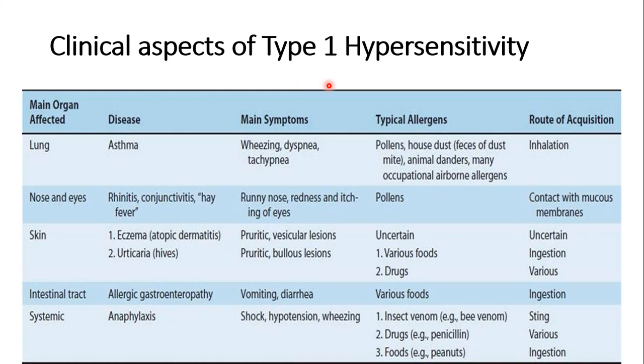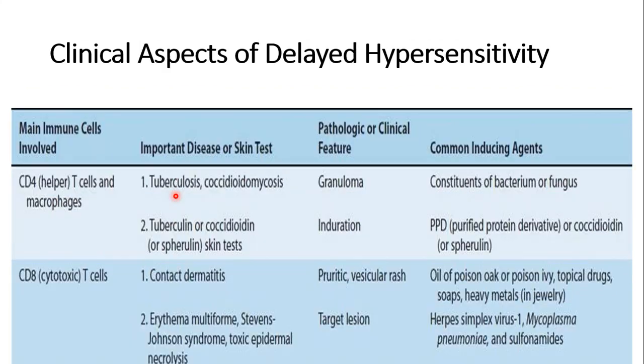This will give you an overview of the clinical aspects of type 1 hypersensitivity. All these tables are given in your book. And this is again the clinical aspects of the delayed type of hypersensitivity. This is again given in your book. These tables are very important from your examination point of view.